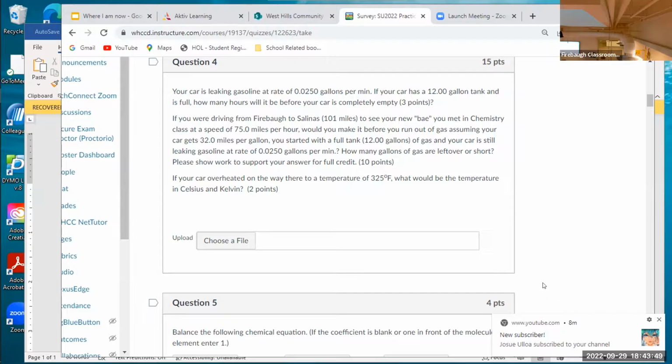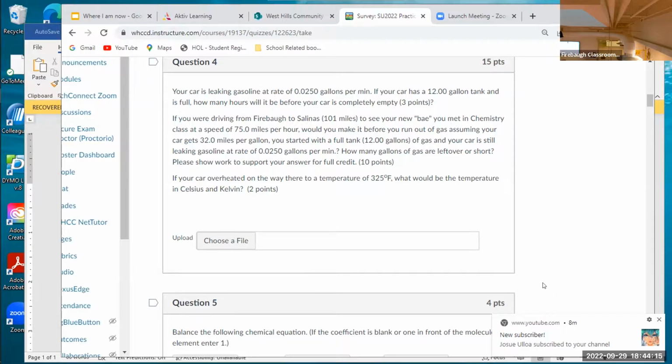Okay, I'm good. What am I doing? Converting Fahrenheit to Celsius first. Okay, so how do I do that? 5 over 9, parentheses, when you're Fahrenheit, and then minus.